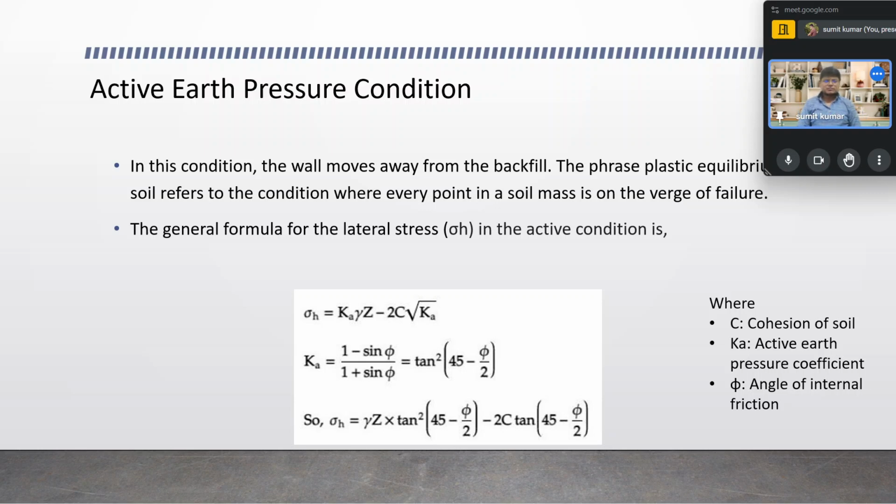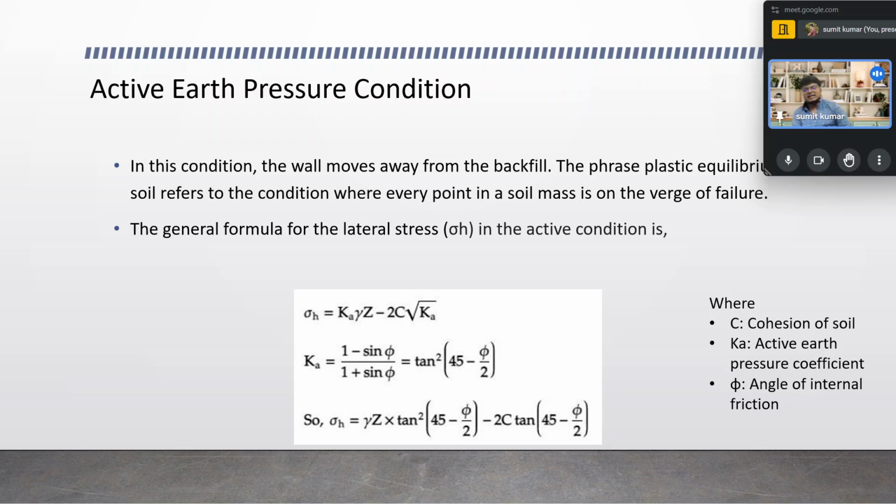Right. Now we talk about the next condition, in which we take the earth pressure coefficient as 1 minus sin phi by 1 plus sin phi, the active earth pressure coefficient. Suppose phi, the angle of internal friction, is equal to 30 degrees.